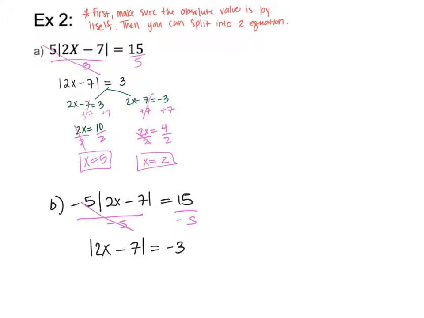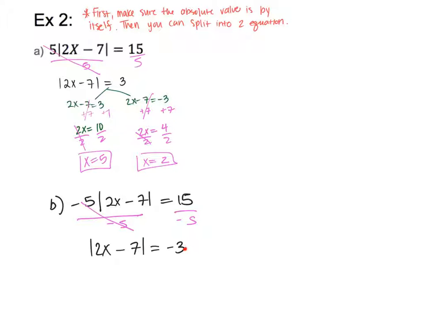Whoa, hold up here. Let's take a look at what we got. Because I want you to pay attention. Whenever you finally get the absolute value by itself, you should always look at what it equals. Because this here says that the absolute value of this expression equals negative 3.